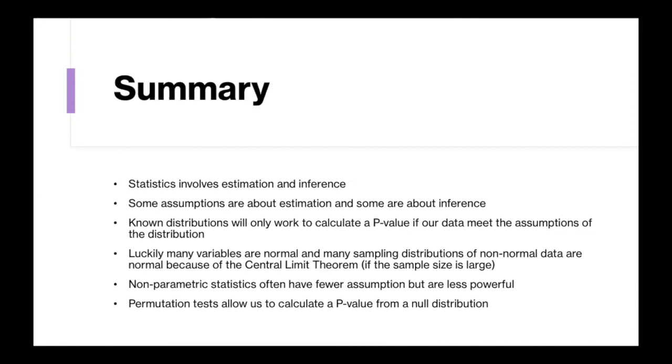In situations where the assumptions of our statistical tests are not met, we can use non-parametric statistics because they often have fewer assumptions, but unfortunately these non-parametric tests are less powerful than their parametric counterparts. Finally, permutation tests allow us to use computing power to generate empirical null distributions and calculate p-values without assuming any underlying theoretical distribution.